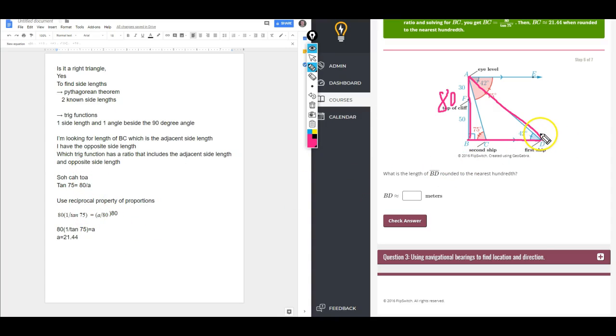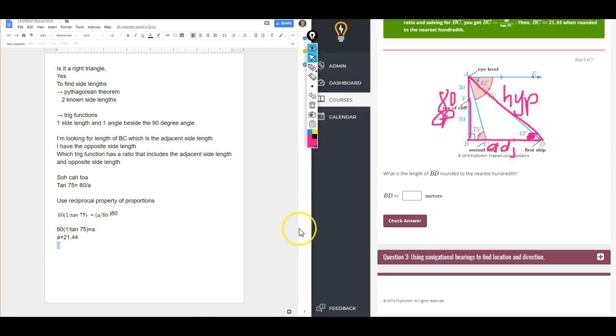So label it according to the angle that is given. We're given that angle D is 42 degrees, so we're going to use this angle as our perspective. So straight across from that angle is the opposite side length. Straight across from the 90-degree angle is the hypotenuse. And then this leaves this as the adjacent side length.